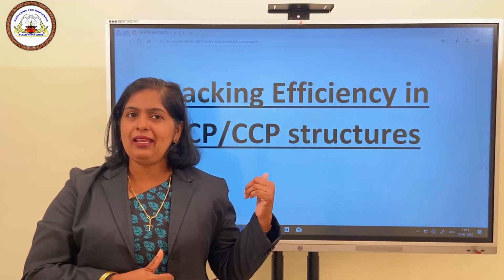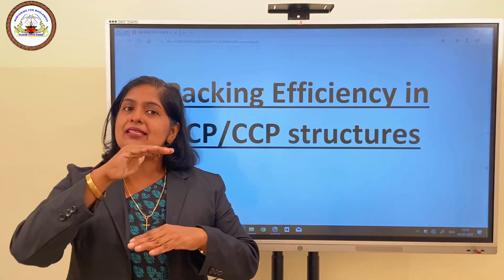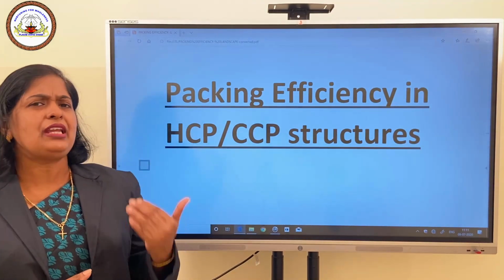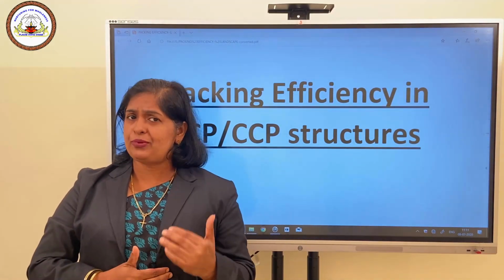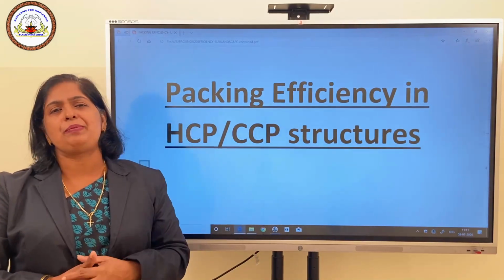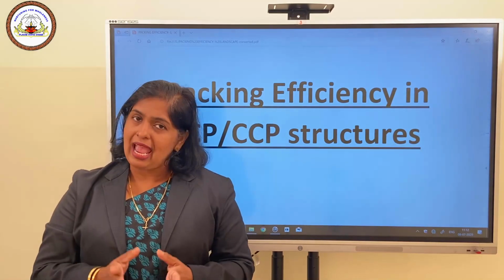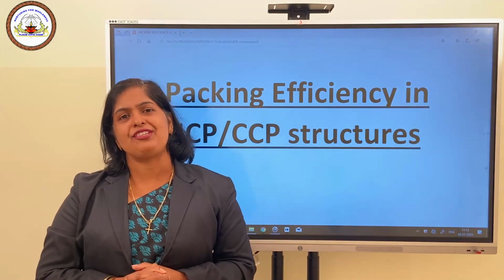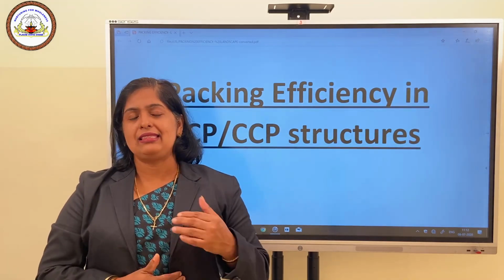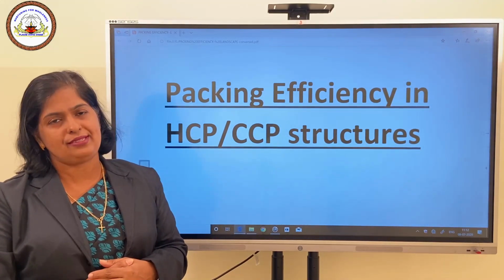And CCP means the arrangement is following the ABC pattern. X-ray diffraction studies have proved that the packing efficiency of HCP and CCP structures are one and the same. They are equally efficient and its value is 74%.